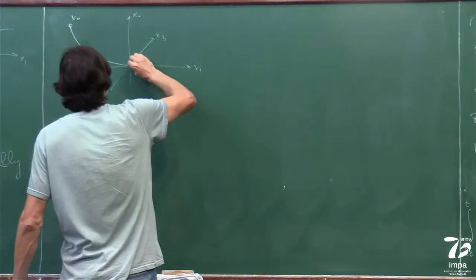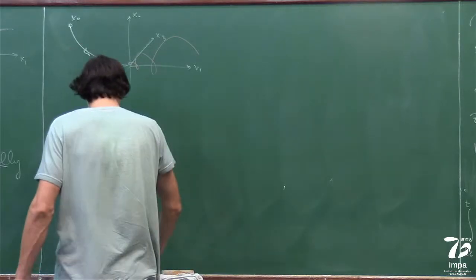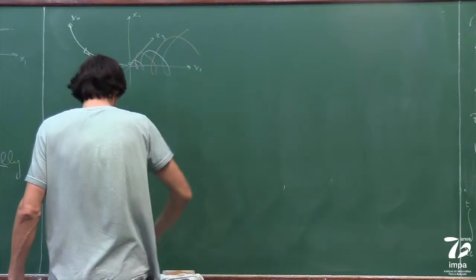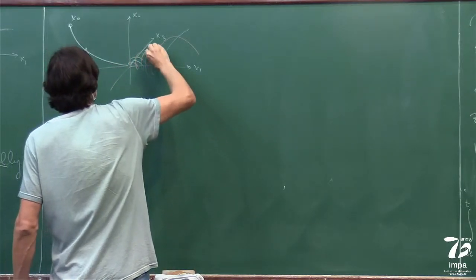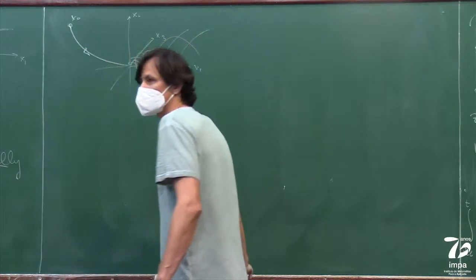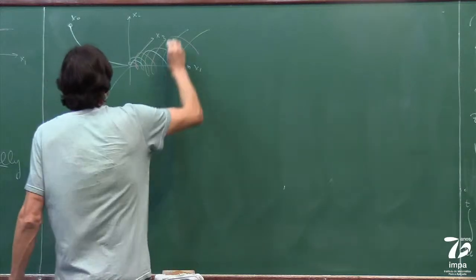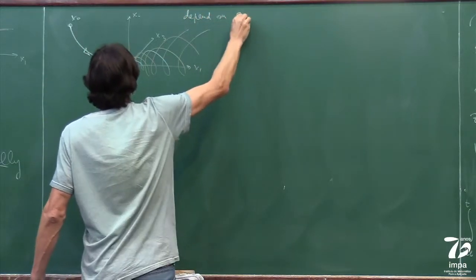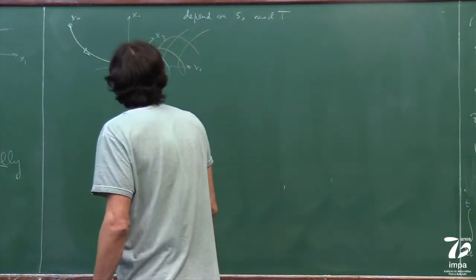So you exit somehow, but there is a whole family of different solutions that can exit. And these solutions depend on this parameter S0 modulo T.